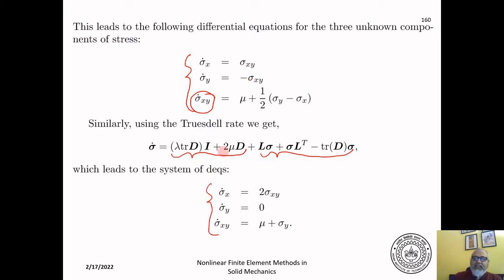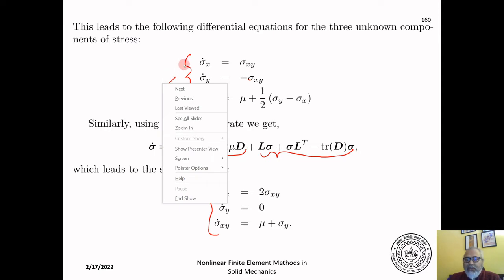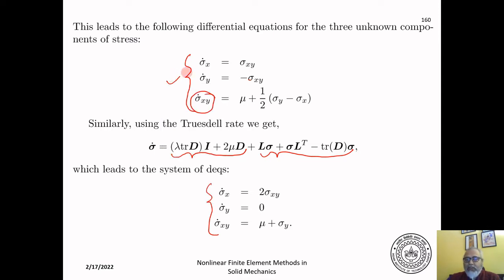You can check this out, and the important thing is that this set of differential equations that we have got for using the Jaumann rate on the left hand side and the Truesdell rate on the left hand side, both objective rates, are different. So the solutions to these differential equations will be different as well.